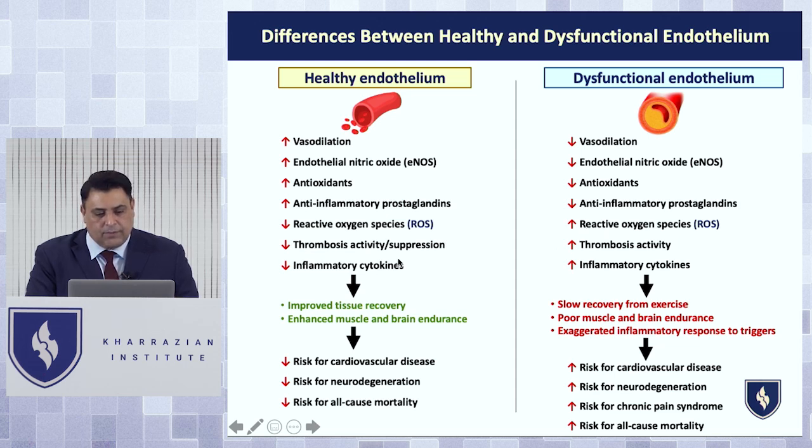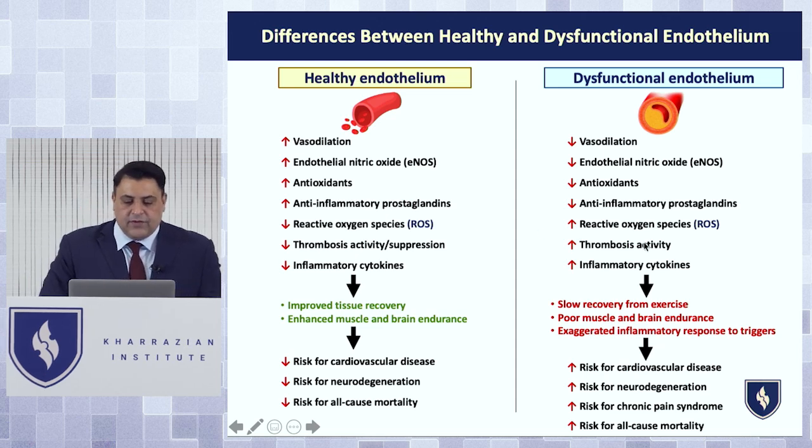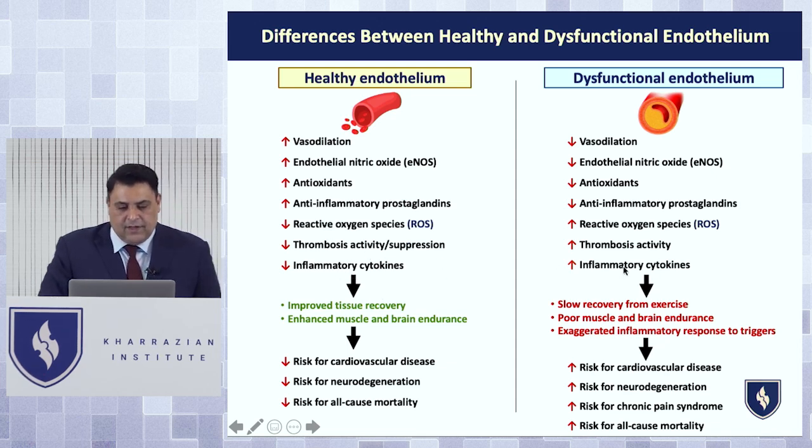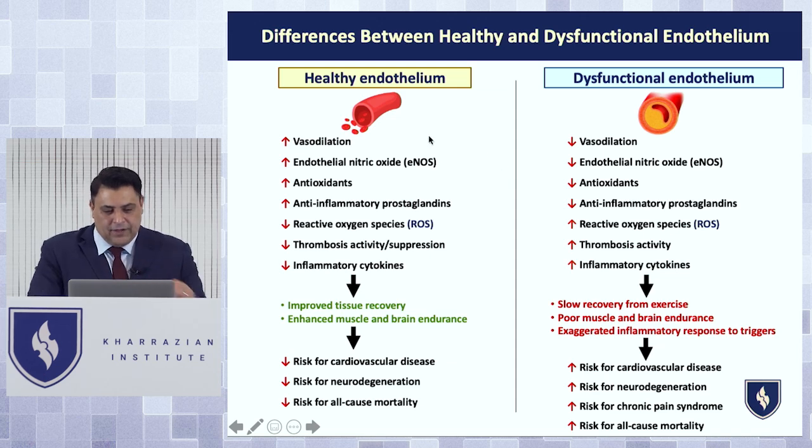There's decreased thrombosis activity in healthy versus increased activity in dysfunctional endotheliums. And then when they actually measure the inflammatory cytokine content of healthy endotheliums versus dysfunctional, there's a difference. So literally, if you look at all the dynamics that are taking place between a healthy and dysfunctional pattern, it's almost opposite of each other.